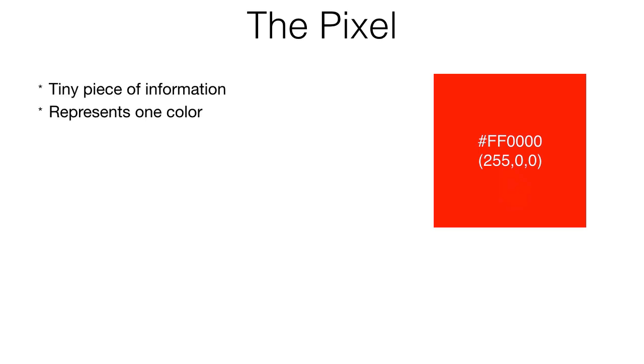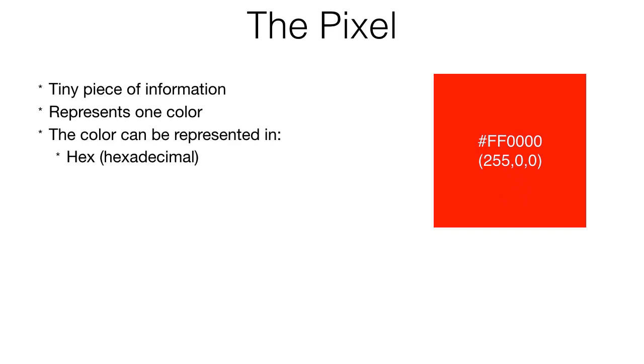So let's talk about this one pixel, and notice that it's a very large pixel. So we'll take this tiny piece of information. It represents one color, right? The color can be represented in hex or hexadecimal, a decimal set, so that's our base 10 of red, green, and blue, the RGB.